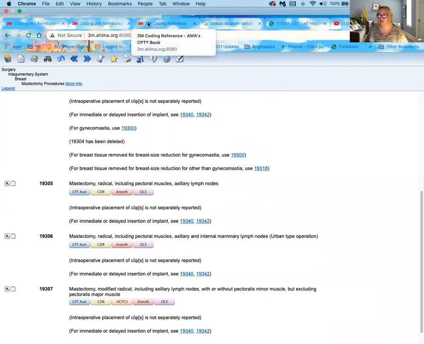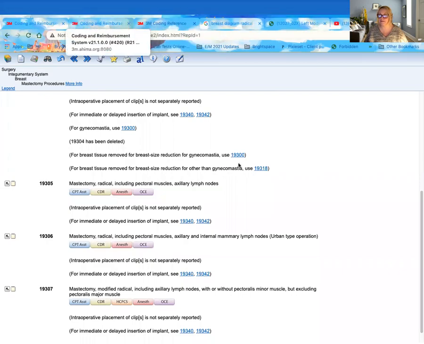And in this case, the code we looked at initially is correct. 19307 includes a mastectomy for modified radical, including axillary lymph nodes with or without the pectoralis minor muscle, which is fine because we didn't get it, but excluding the pectoralis major muscle, which is also fine because we did not get it. And so 19307 is accurate, and we want to add a modifier for the side, which is the RT from your HCPCS for right.